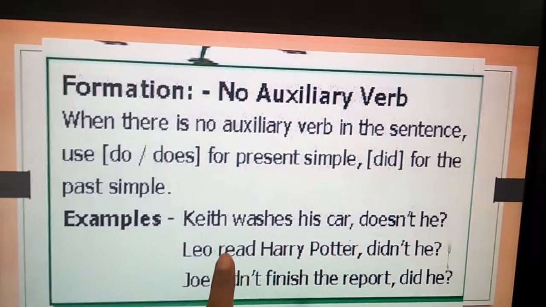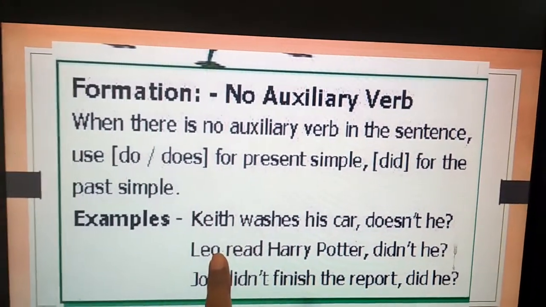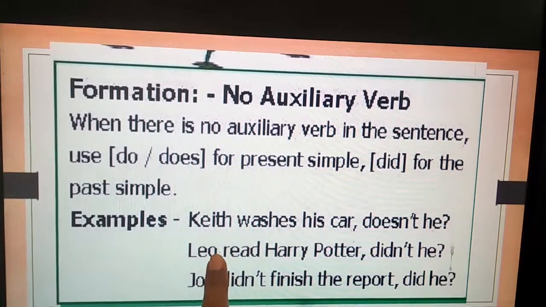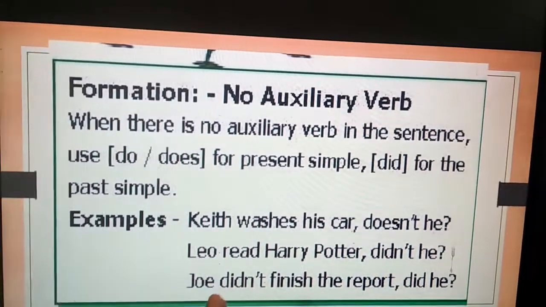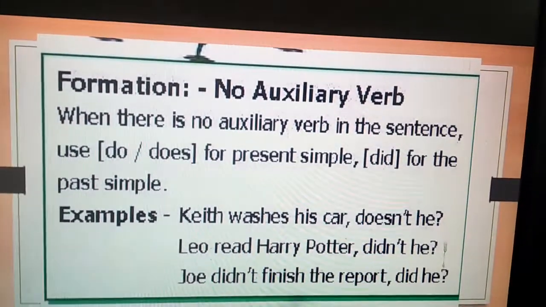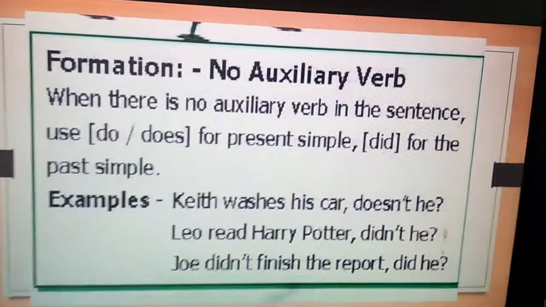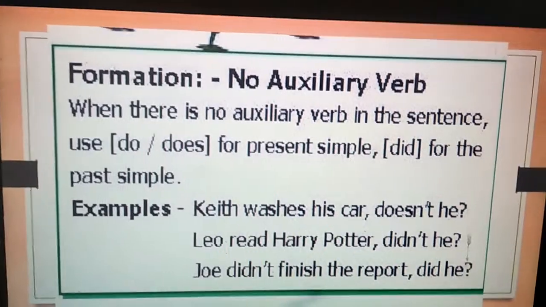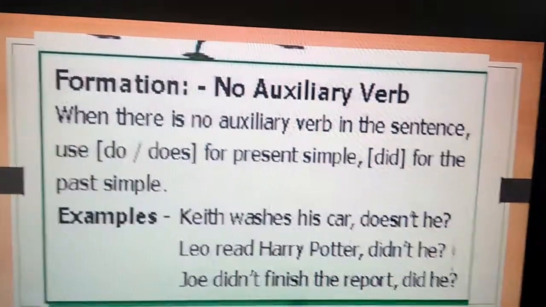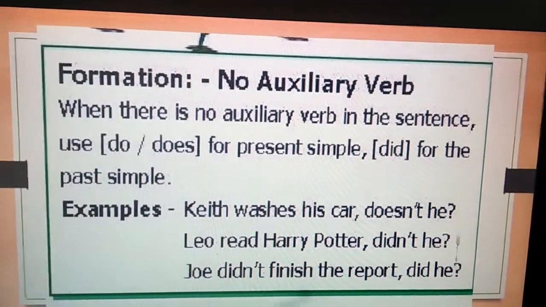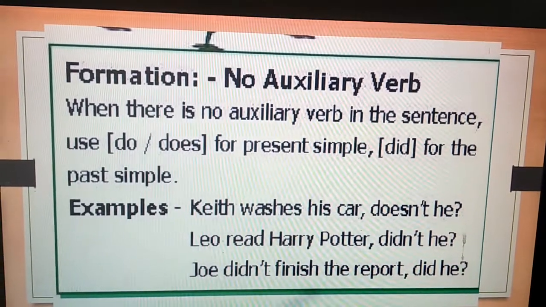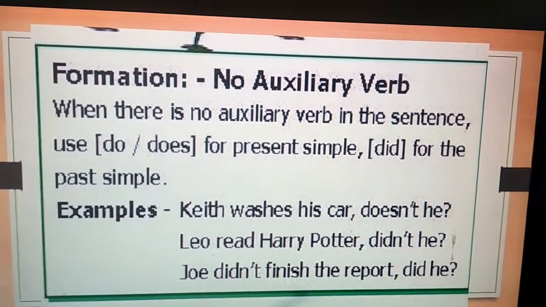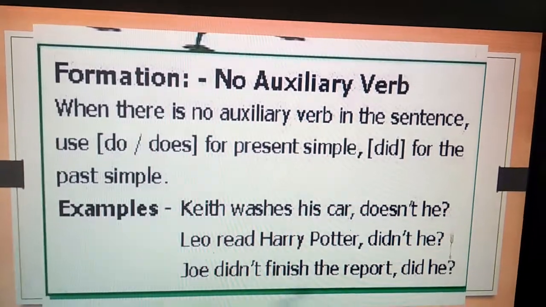Didn't he? Because if it is third form, then here have, has or had will be used. Then Joe didn't finish the report, that is the negative statement, and now we have to add a positive, so did he? So understood? When there is no auxiliary verb used in the statement, we have to use do or does for the present tense and did for the simple past.